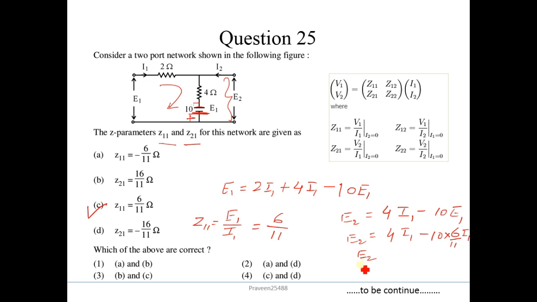So on solving this, E2 upon I1 is equal to (44 minus 60) upon 11, which is minus 16 upon 11. So it is nothing but Z21. So D1 is the correct one. So C and D are correct. Option 4 is the correct one.